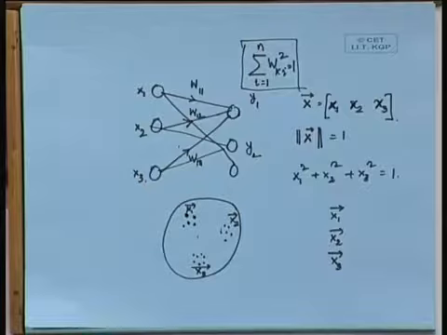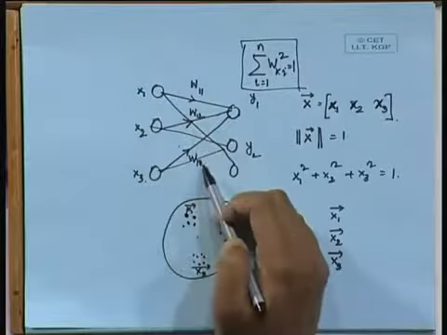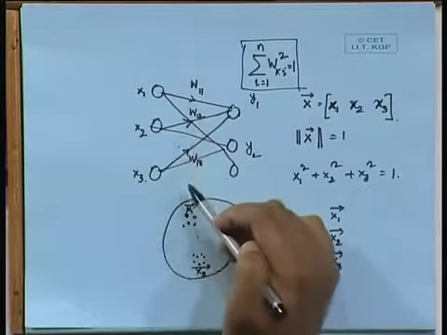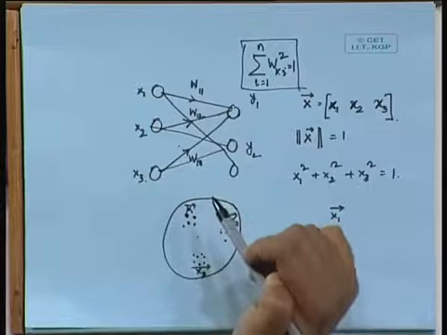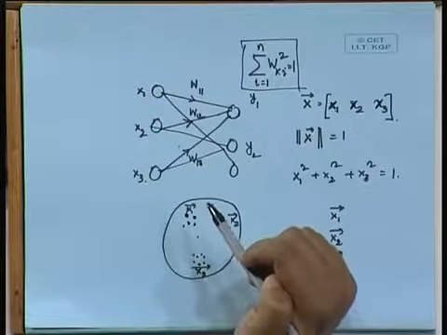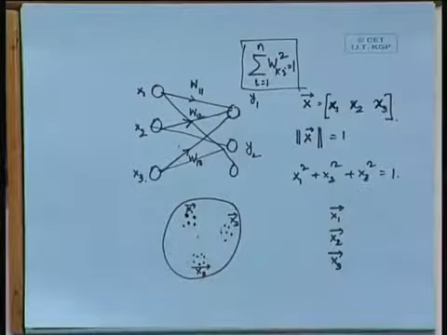So y1 is the winner means definitely w11, w12 and w13 are the synaptic weights which come into play. So, we are going to have w11 squared plus w12 squared plus w13 squared equal to unity.